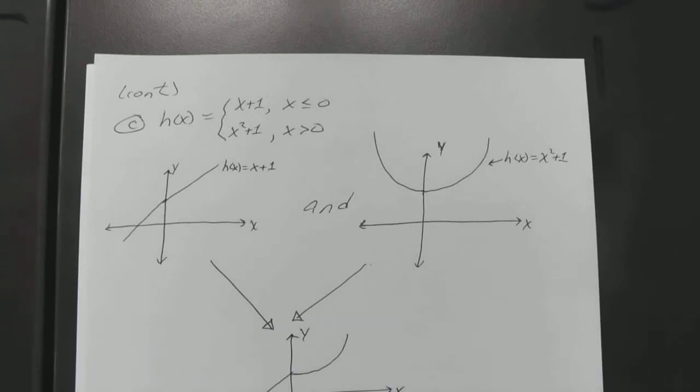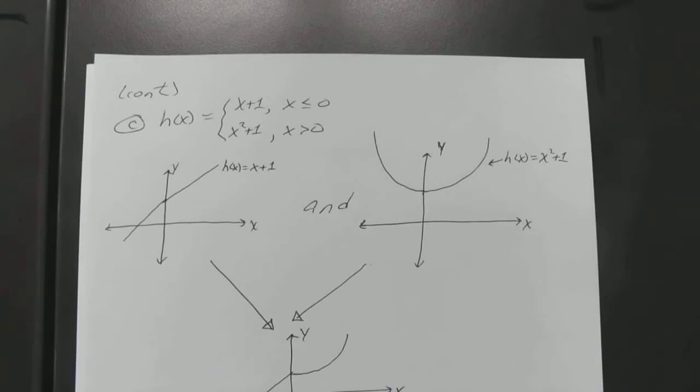If it picked up at a different spot, then it would be an open circle. So if you had x squared plus 2, it would have been x plus 1 here, and x squared plus 2 would have been the same graph, but up higher. So it would have been here, closed circle, then open circle, then it would have gone that way.